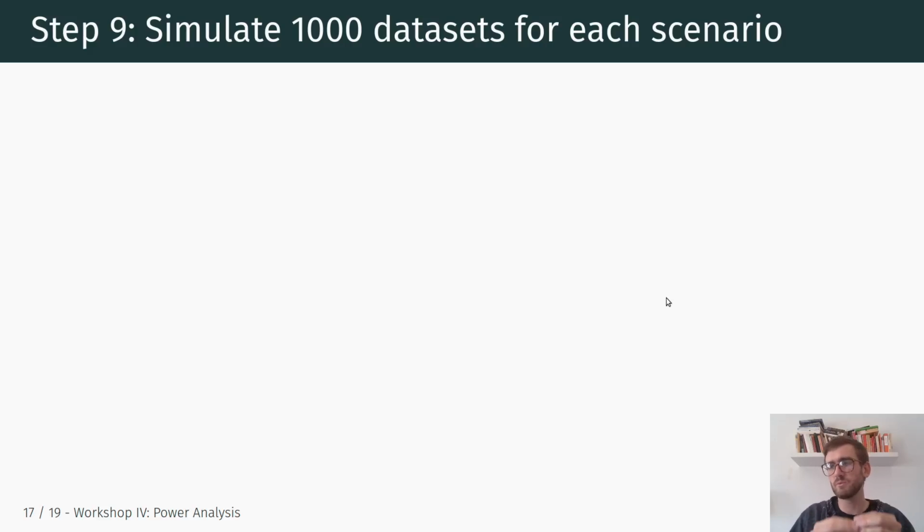For each of those 10 scenarios, we're going to simulate 1,000 data sets, 1,000 realizations of that experiment, look at the estimands and our actual estimator, and examine the extent to which, in our case focused on power, we're able to reject the null hypotheses that each of these parameters is equal to 0 based on the estimator we're actually using.